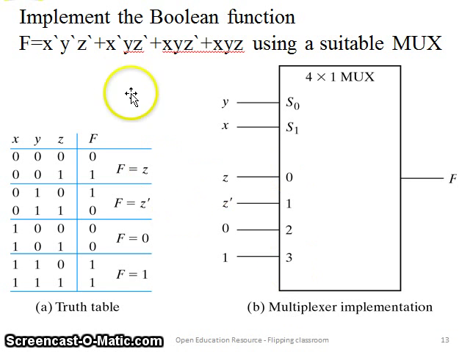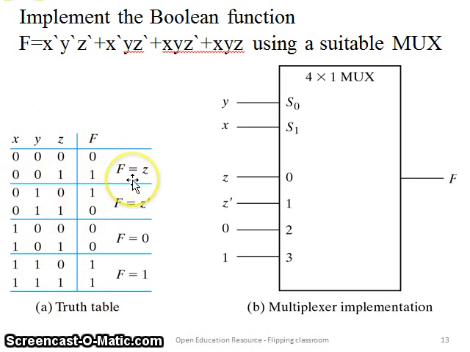In a similar way, if a Boolean expression is given, it can be realized using a suitable mux. As we can see, there are only 3 variables, x, y, z, so a 4:1 mux would be appropriate. Let us write the truth table corresponding to this logic expression. There are 4 high states. Try to compare the patterns with one of these variables.